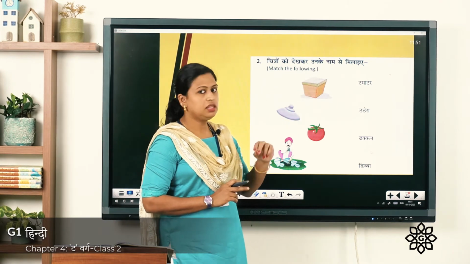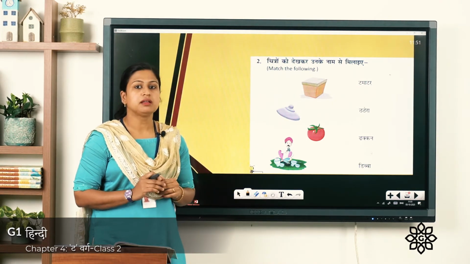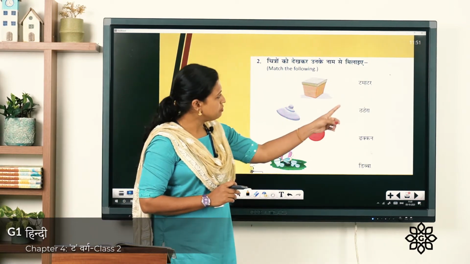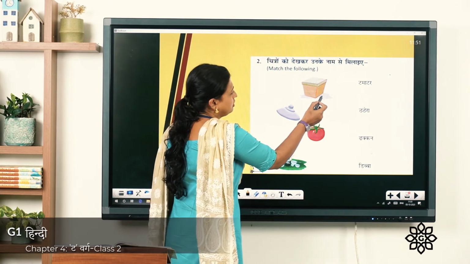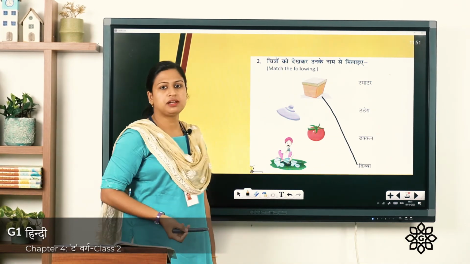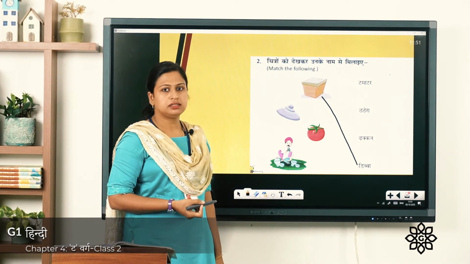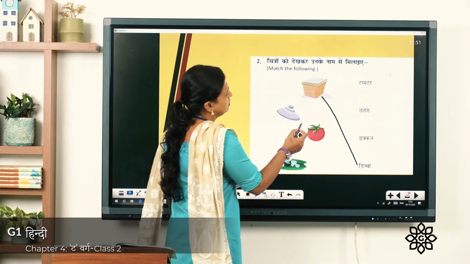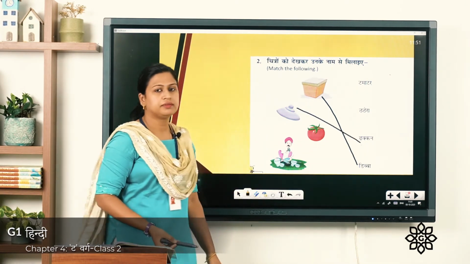In Hindi we say dibba, that means box. So you have to match it, dibba, da plus e symbol, dibba. You have to match it like this. Second one is dhakkan, lid. So dha, dhakkan, you have to match it here.